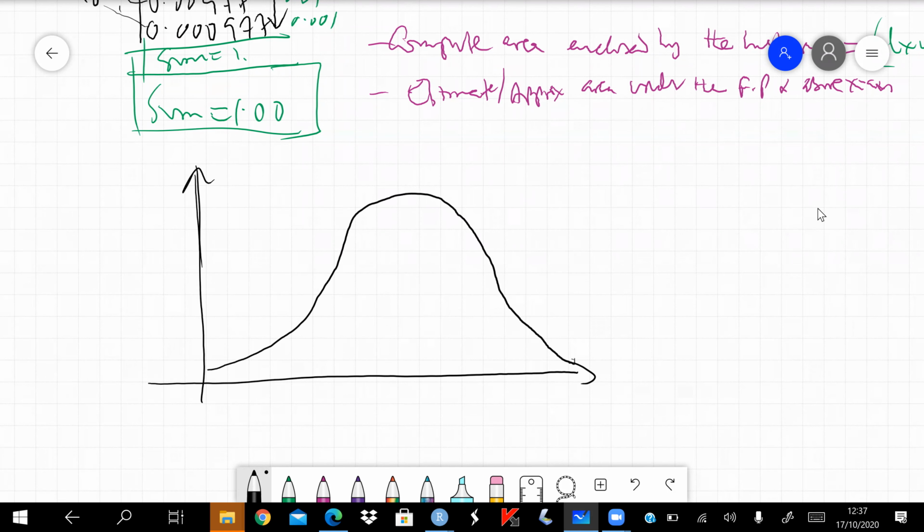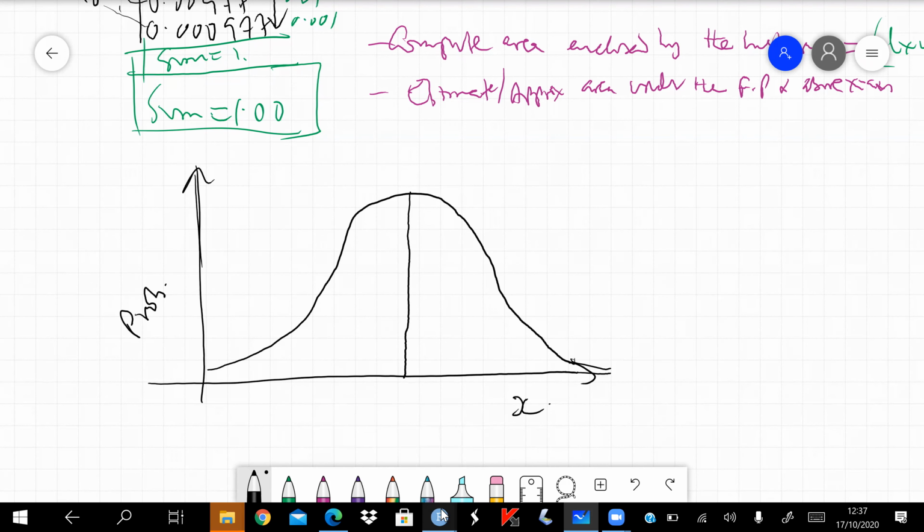This curve seems to be symmetrical about a point here. These are your values of x, and these are the probabilities.